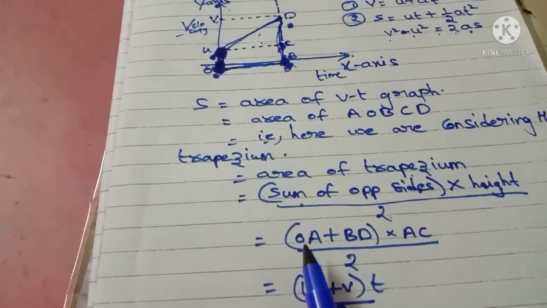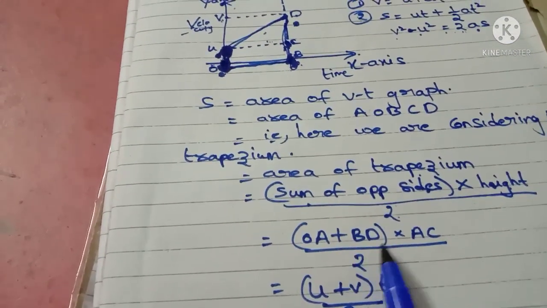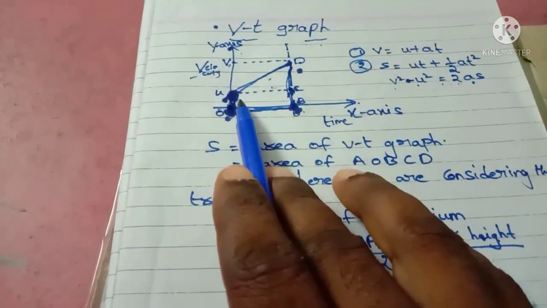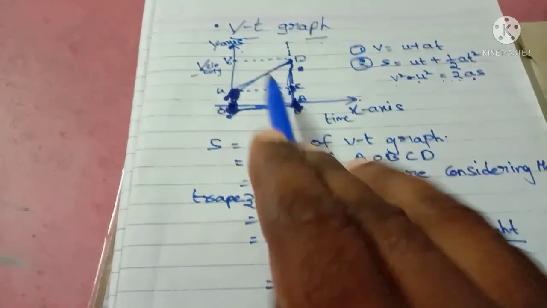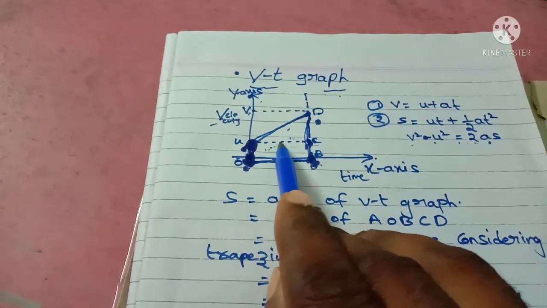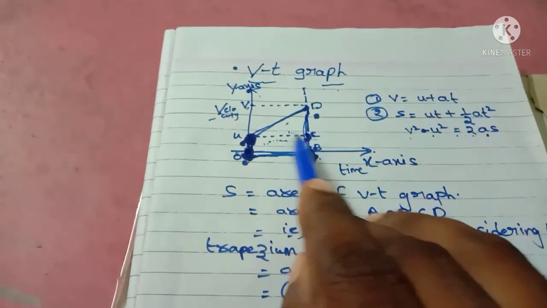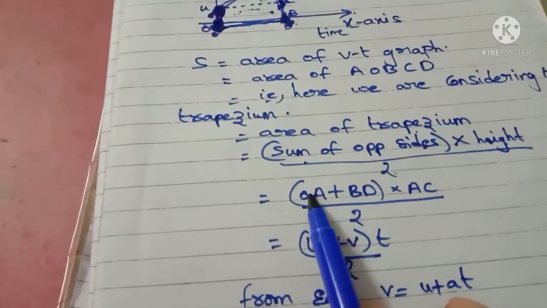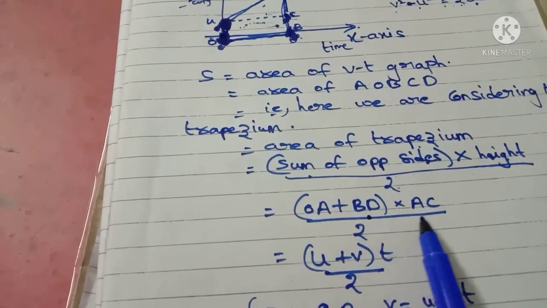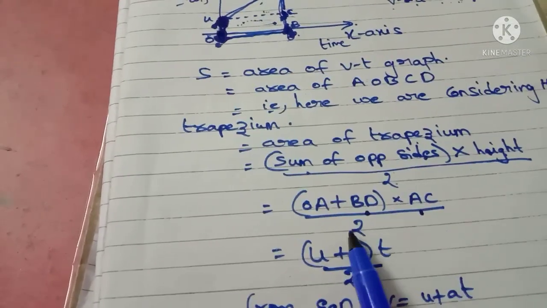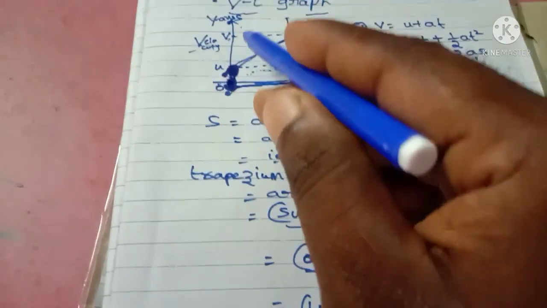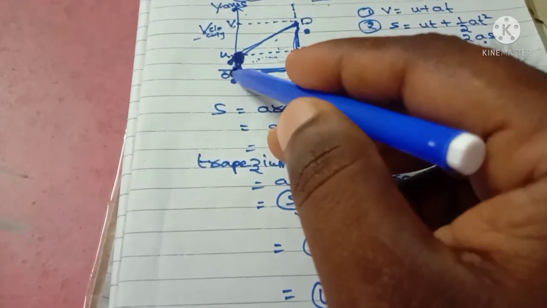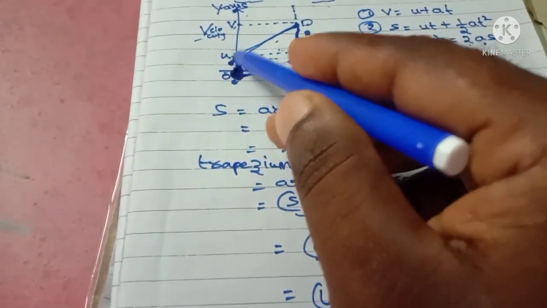They are opposite to each other. So OA plus BD into, what is the height of this trapezium? AC. This dotted line represents the height of the trapezium. So OA plus BD into height AC divided by 2. What is OA here? OA distance is u.